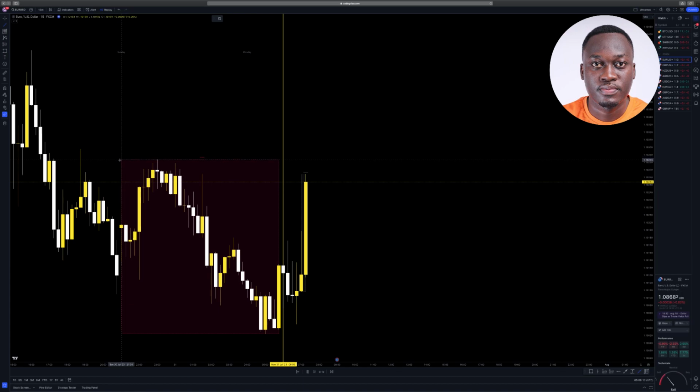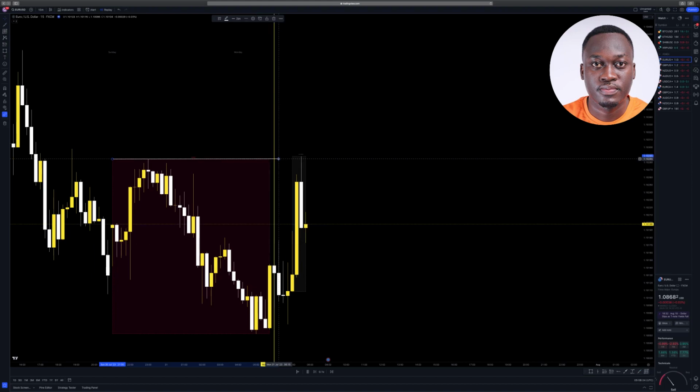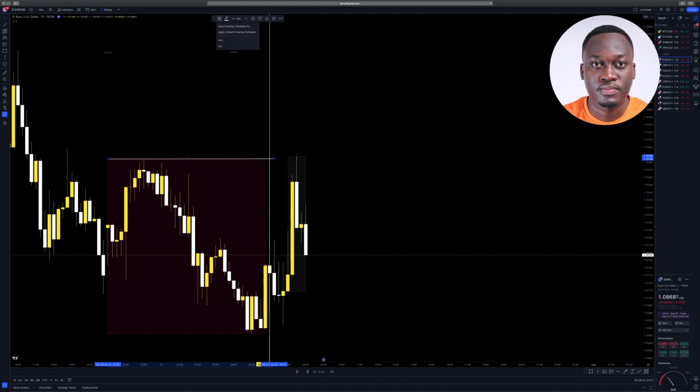And why do we mark out this? Because this is going to show us our bias for the day, our daily bias. If we are buying today or we will be selling today, it's all based on the Asian high and low being broken or being taken out. Is that okay? So we mark out the high and we name it the Asian high liquidity.